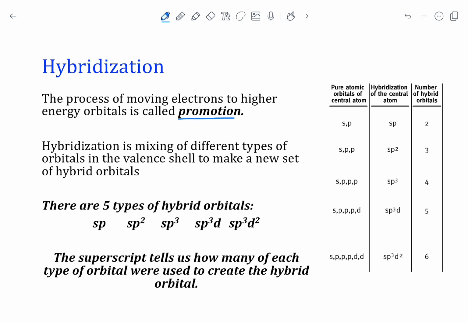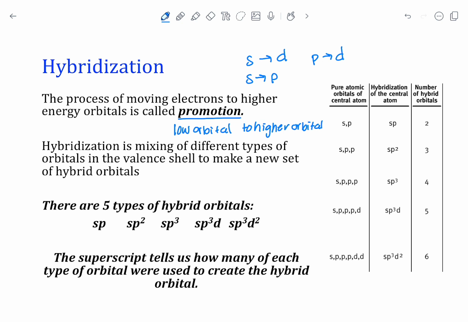So we're promoting an electron from a lower energy orbital to a higher energy orbital. So in carbon, we went from s to p. We could also move things up to the d. We can go s to d. We can also go p to d. We can move electrons around as we need to in order to form bonds based off of their structure.